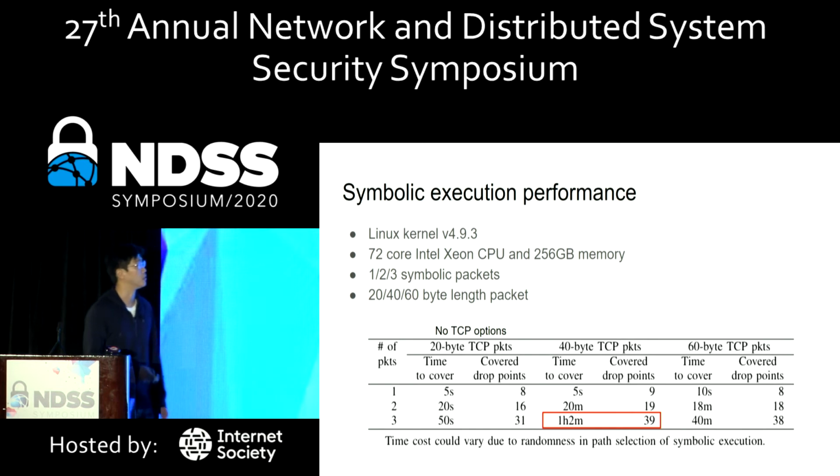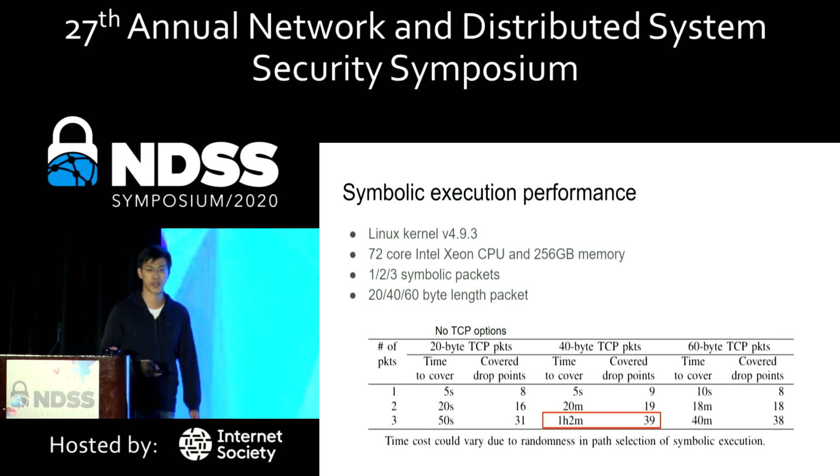So here are the results of symbolic execution. We use Linux kernel version 4.9.3 as a reference model. We run symbolic execution on a 72-core machine with 256 gigabytes of memory, and we send 1 symbolic packet, 2 symbolic packets, and 3 symbolic packets respectively. We also send 20, 40, and 60 bytes length TCP packets.